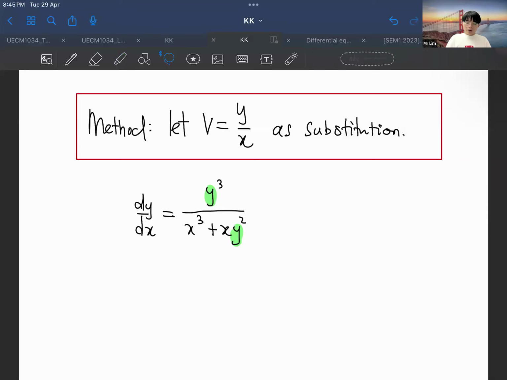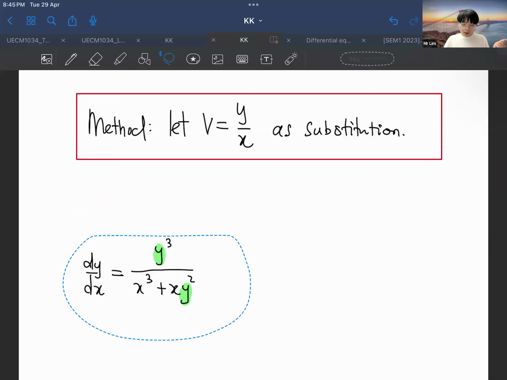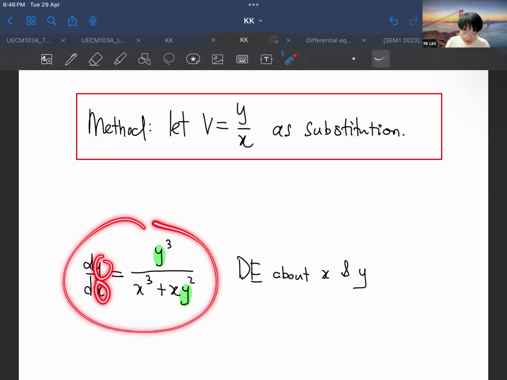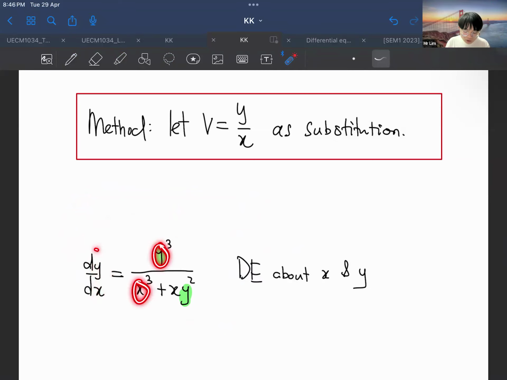Now, for those of you who not yet understand the key idea of substitution, let me tell you. If I now have a differential equation that is about x and y, which means this equation contains x, y, and dy dx. Of course, this one independent, this one dependent.